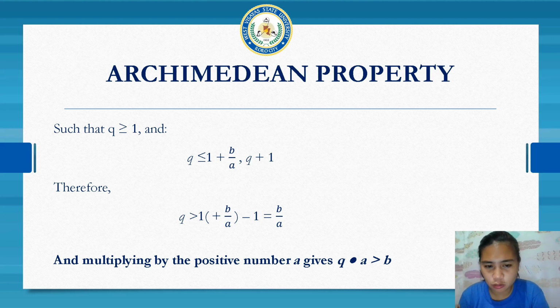Therefore, q is greater than 1 plus b over a minus 1, which equals b over a. Multiplying by the positive number a gives q times a is greater than b.